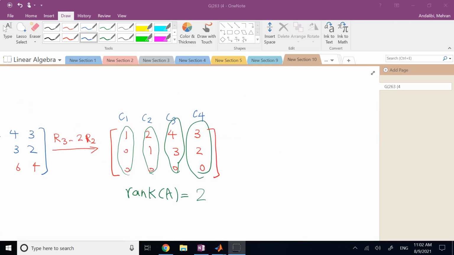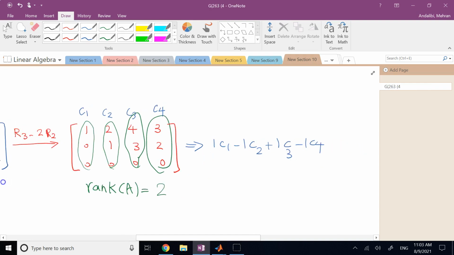So here, if I call these 4 columns C1, 2, 3, and 4, you might ask, what combination? Well, one easy combination, as you can see, is I just add columns 1 and 3 and subtract columns 2 and 4. So 1 times C1 minus 1 times C2 plus 1 times C3 minus 1 times C4.